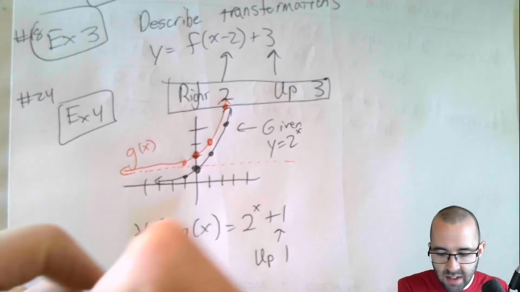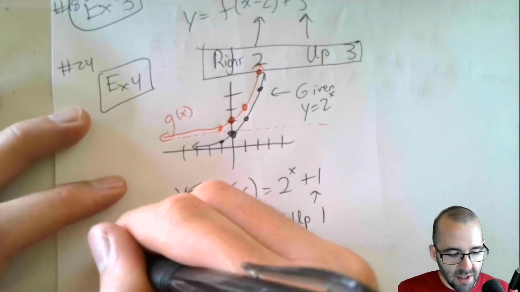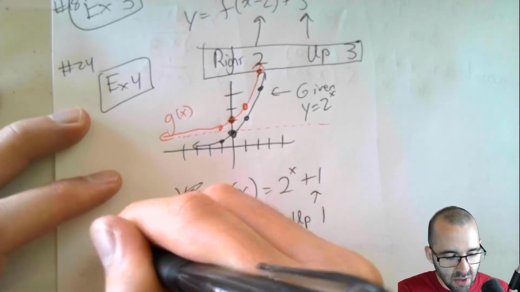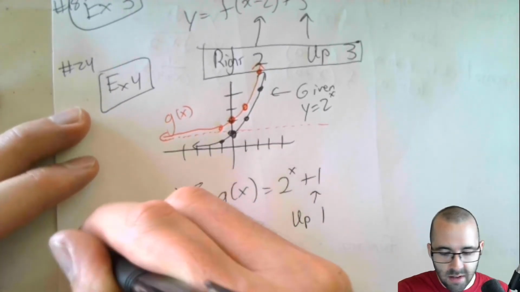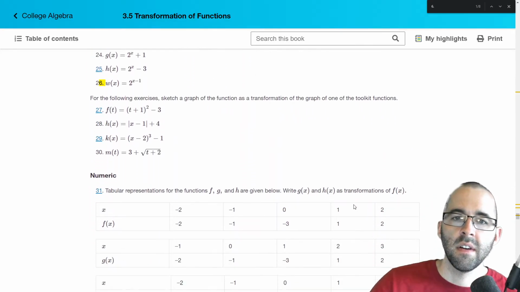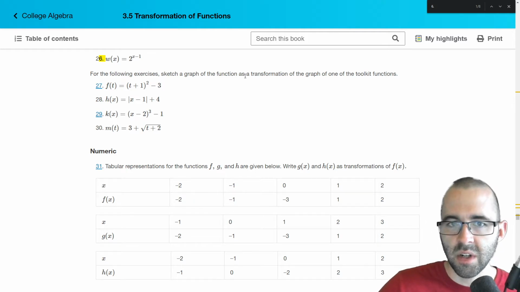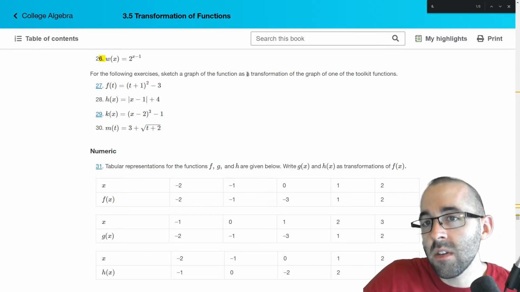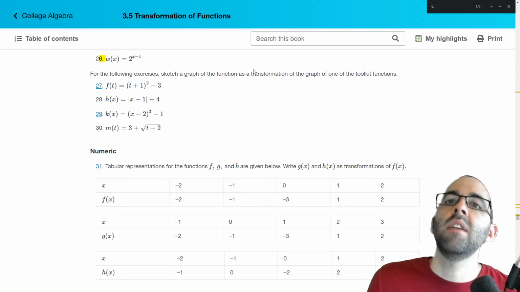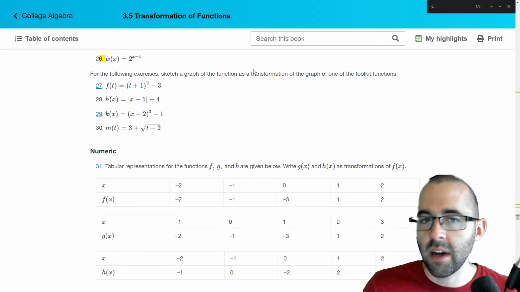All right, so next up, two more examples for this video. Example 5, that's going to be number 28. Sketch a graph of the function as a transformation of one of the toolkit functions. This is going to be very similar to the previous example, but now they don't give you the graph because you should know these toolkit functions by now.